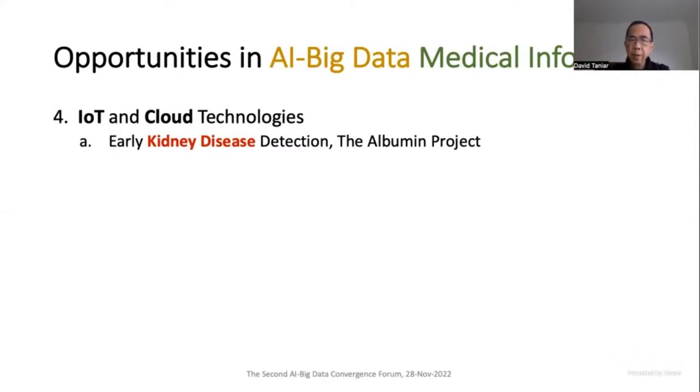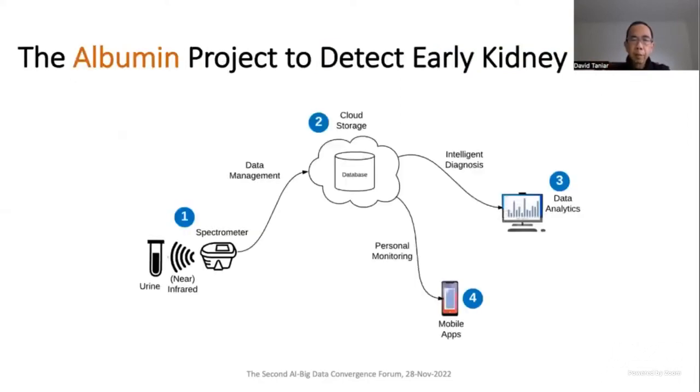kidney disease is often found in certain populations, and we would like to detect kidney disease earlier. Right? People normally test the urine to check the level of albumin. But again, you have to go to the lab and then you test the urine.